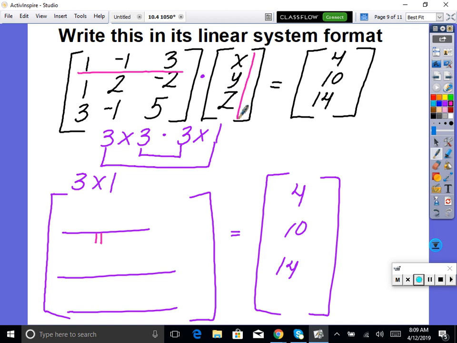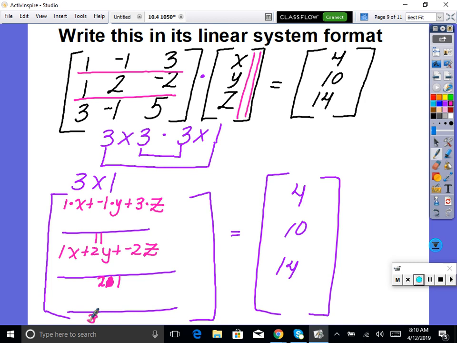So we have 1 times x plus -1 times y plus 3 times z. Check. This is the first row. Now I'm at my second row, first column, so that'd be 1 times x plus 2 times y plus -2 times z.